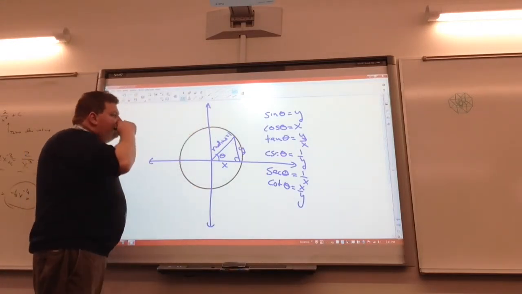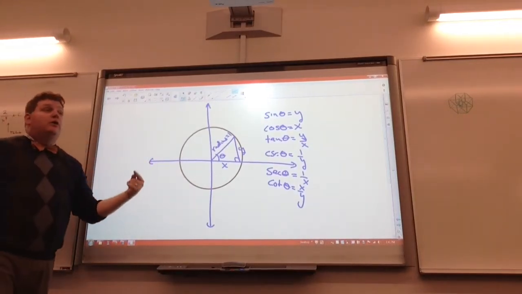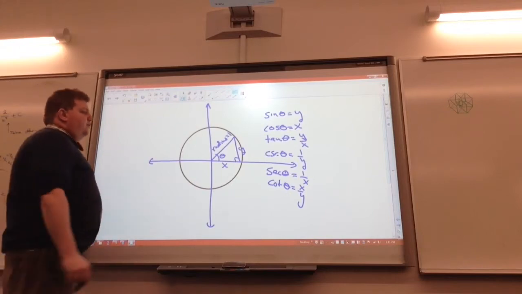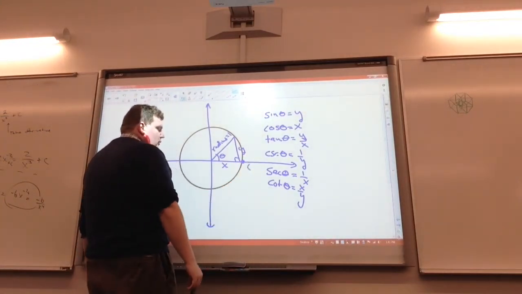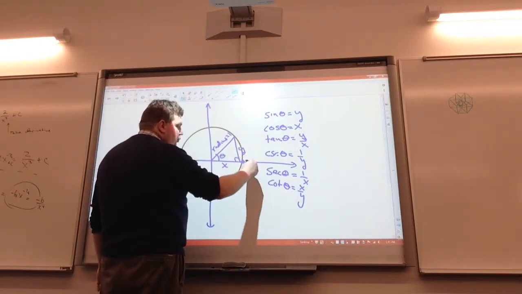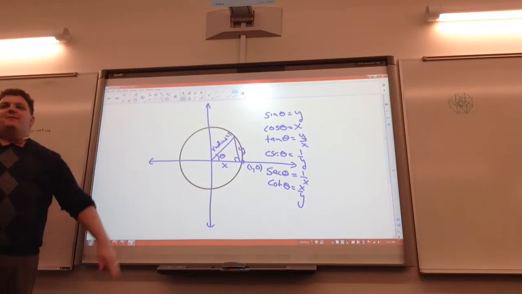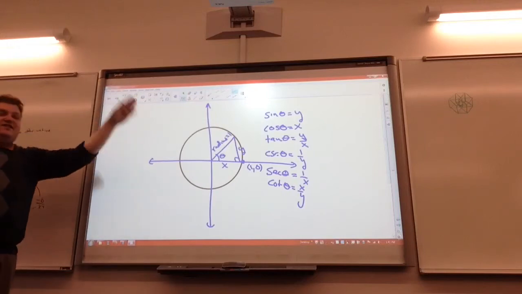And in fact, there's lots of known xy locations that correspond to known values of theta. For example, if theta is 0, my x distance is 1 and my y distance is 0, because my radius is sitting right on the x-axis. I'm all adjacent, no opposite.